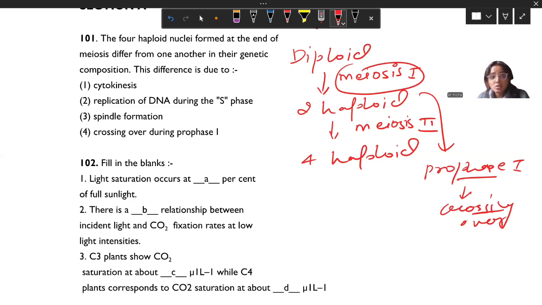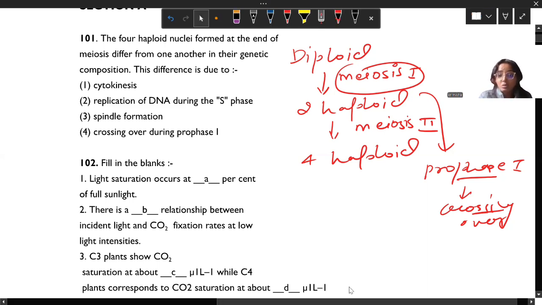So why is genetic variability occurring in all the offspring of meiosis? Because of crossing over, that is the exchange of genetic material that occurs in prophase 1. Okay, I hope this is clear to you.